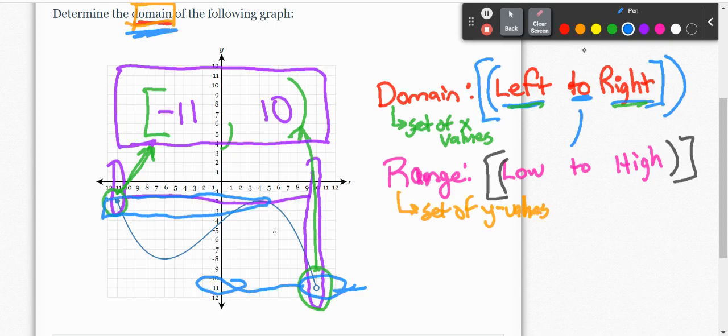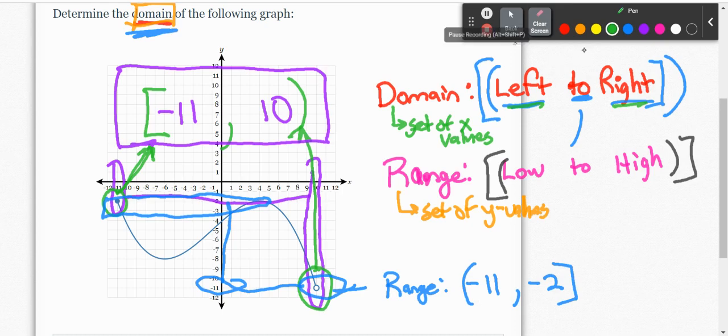We're going to see a bunch more examples of just range, but -11 to -2 would be the range if it asked for it. So range, the low value is -11, all the way up to the value of -2. Now, it touches -2. It does not touch -11. So if we were supposed to do range on this problem, that's the answer that we would have put, but we only had to do the domain, so input the domain, and we'll be good to go for this problem.